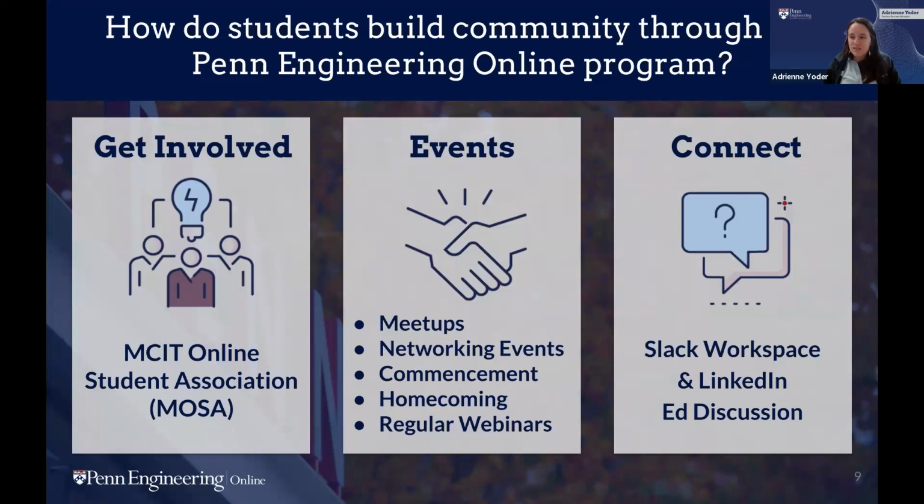They host events, not just professional events, but social events online. They find ways to meet up in person based on the city that you're in. If you have suggestions or feedback for the program, that's a great resource to go to, and they then share it with us. They host hackathons, they host meet and greets, everything that you could think of, they have probably thought of it.